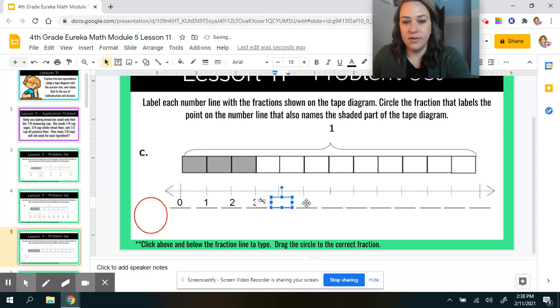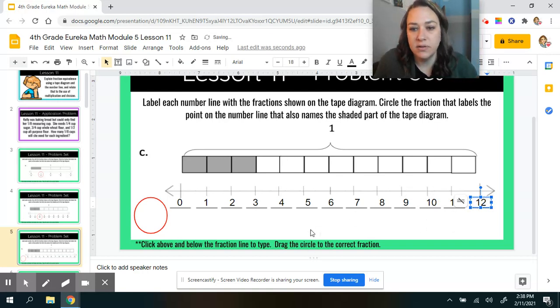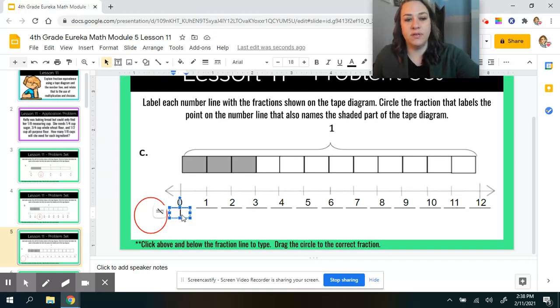Remember, you start with 0. There's our numerators. You can kind of already see we're going to have 3 12ths, right? Because we're working with 12ths.